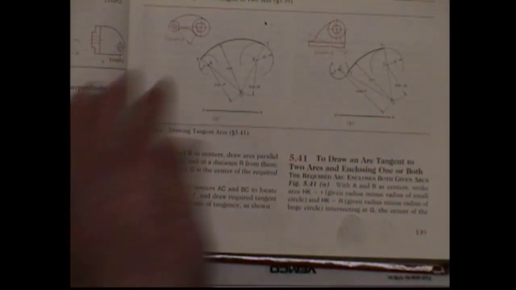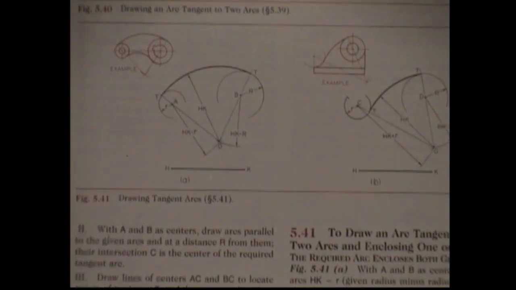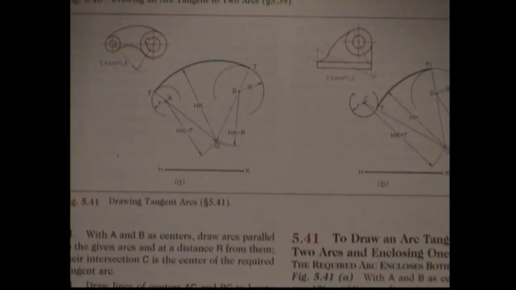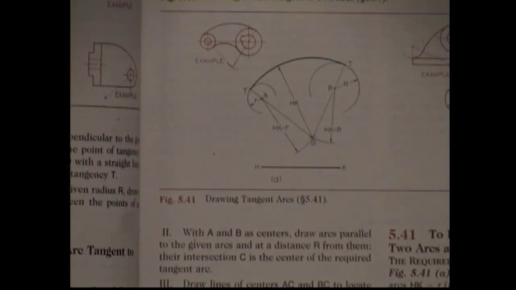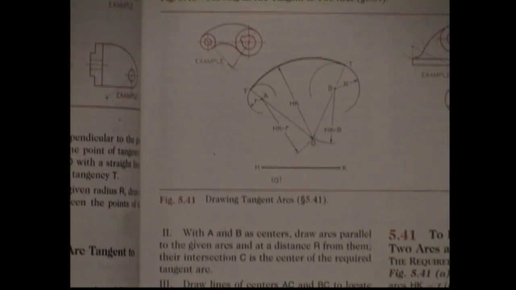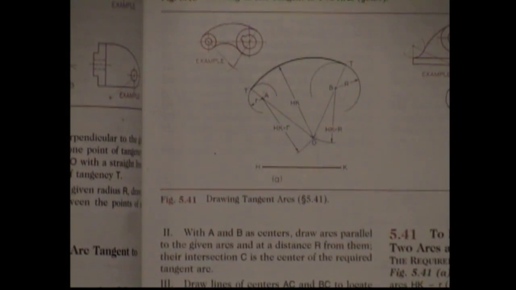So if we look at our textbook here, we're going to do this example first, because if we can do this example, we can easily do the other example. And even in AutoCAD sometimes, I know we have the fillet command, but fillet doesn't always work how we want it to work.